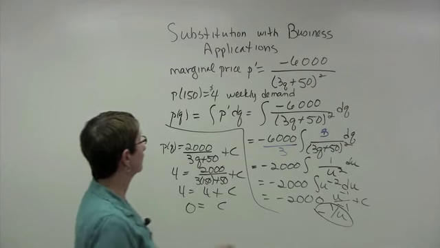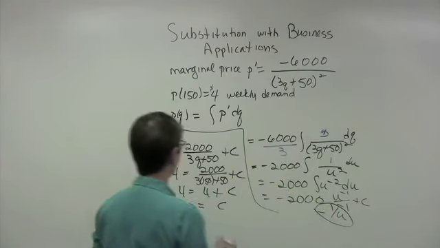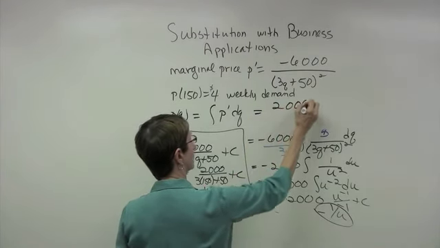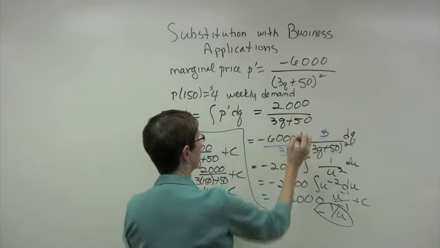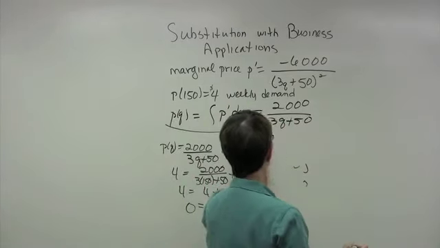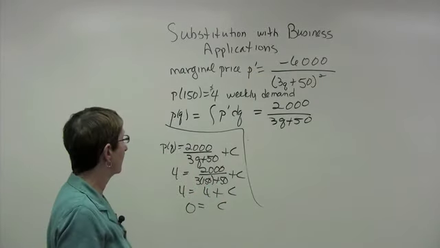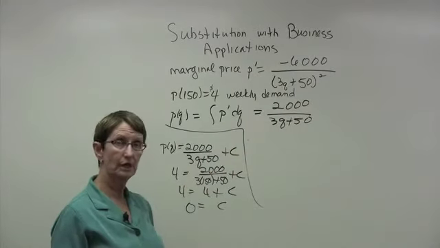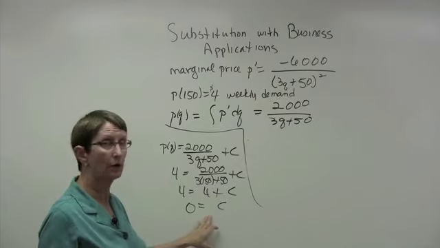So the function that I have to work with, my final function, is 2,000 over 3q plus 50. So it turns out to be a much smaller function than you would think when you start off and go through all your substitutions. It took a little bit more than usual to solve for c, and then we found out it was 0.